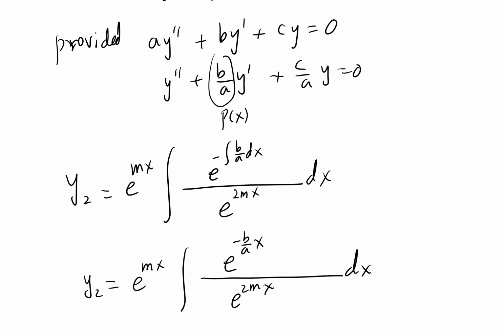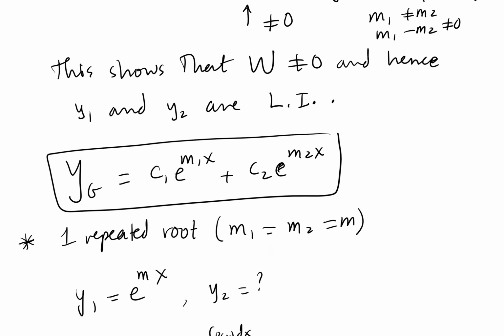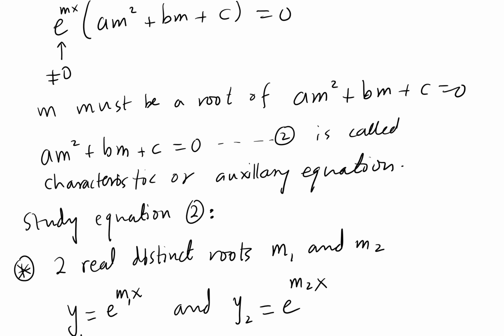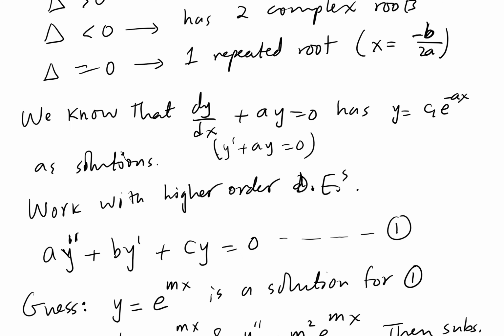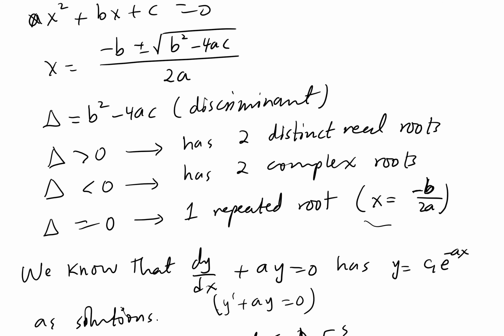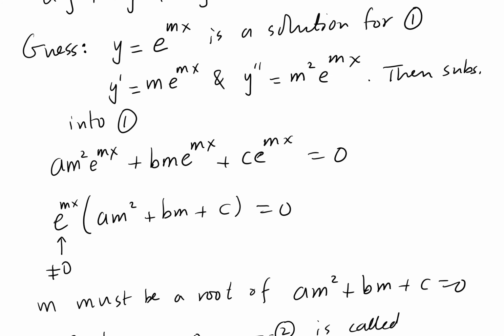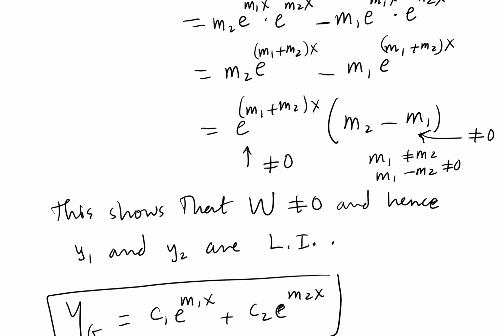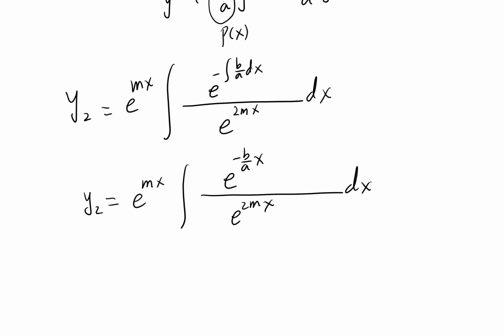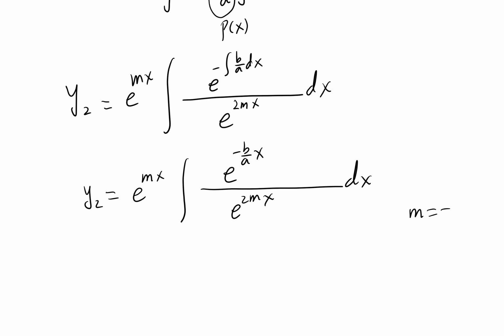Now, what am I going to do with this? How am I going to simplify this? Remember, when we did the quadratic formula earlier, we said that the root is negative b over 2a for repeated roots. So the root here, we can take m to equal negative b over 2a. Multiply by 2 on both sides.